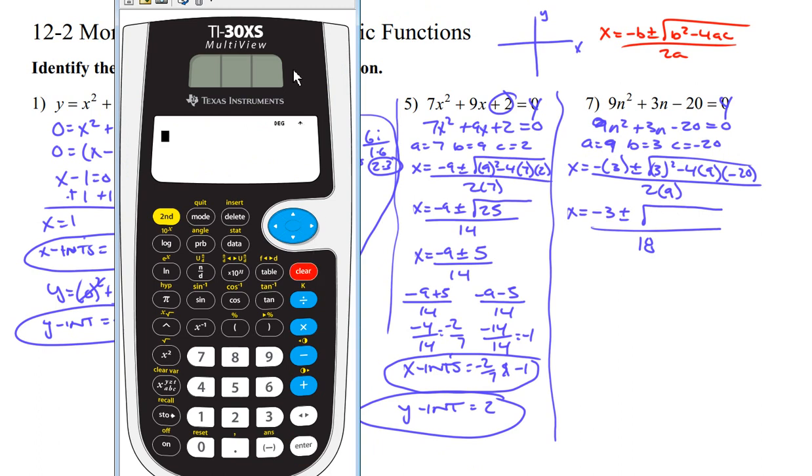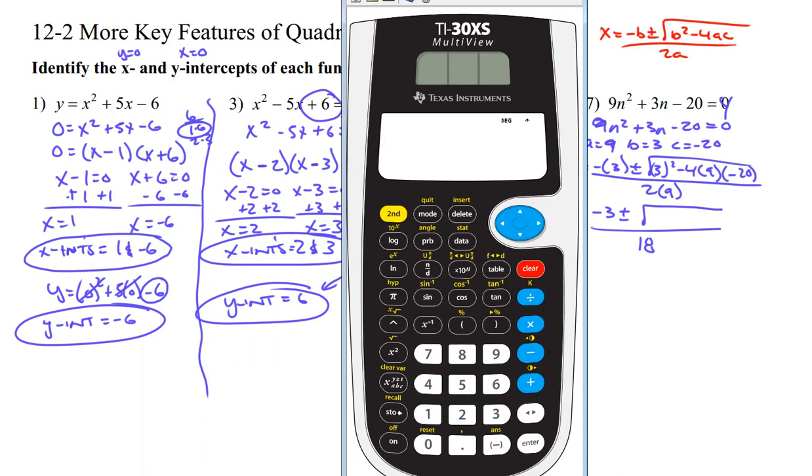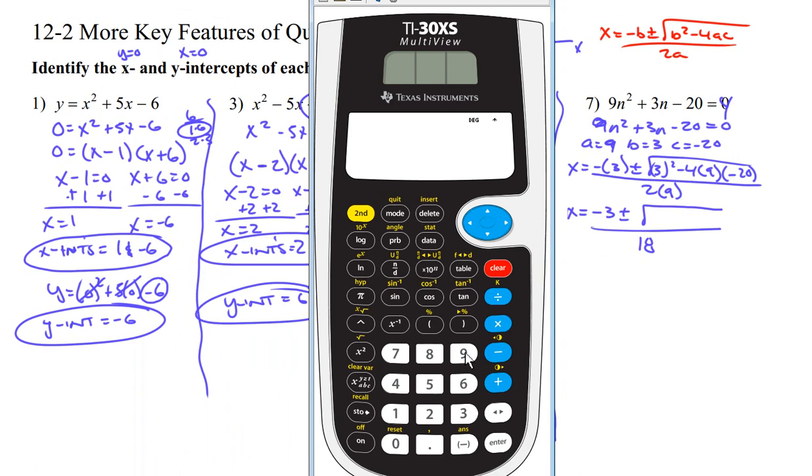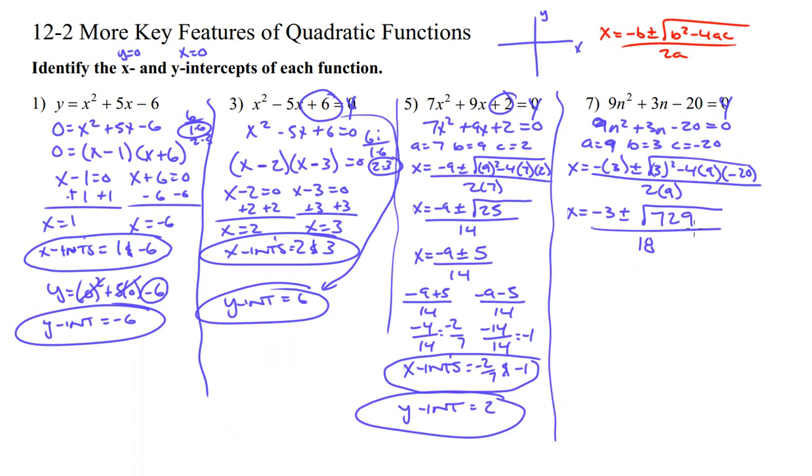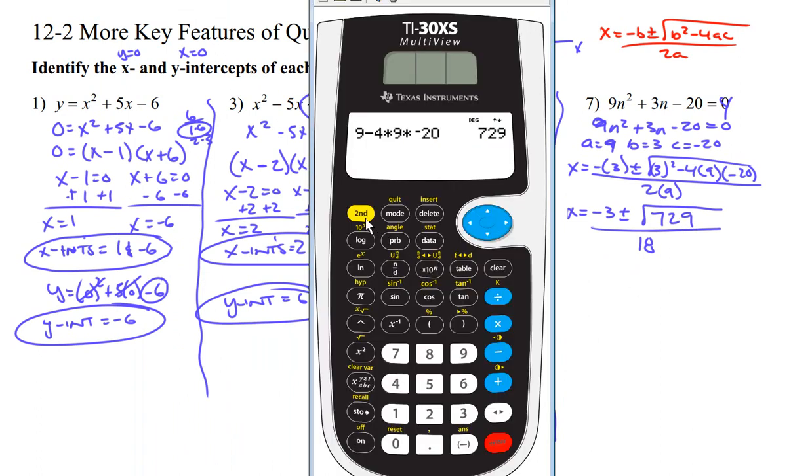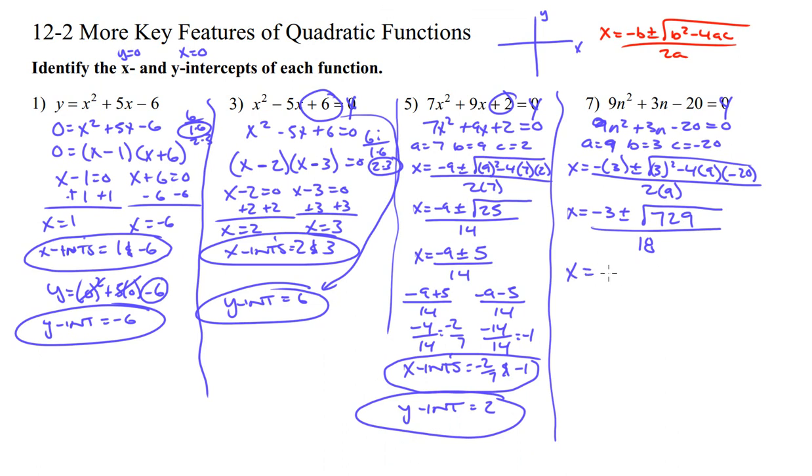We want 3 squared, which is 9, minus 4 times 9 times negative 20, which gives us 729. Let's see if that works out to be a nice perfect square root. The square root of 729, cross our fingers, is 27. So x equals negative 3 plus or minus 27 over 18.